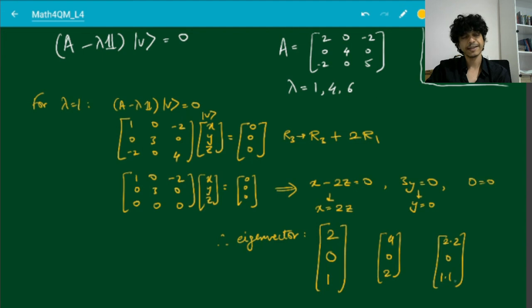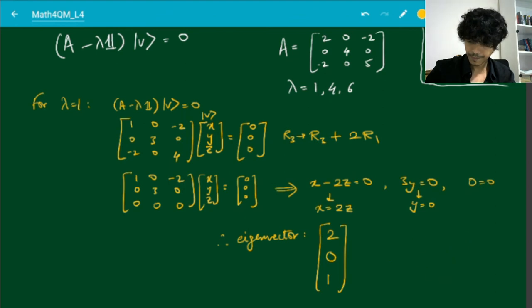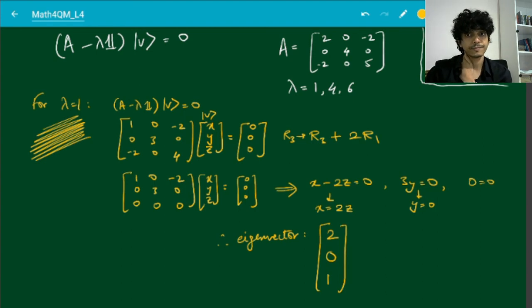So when we are finding an eigenvector, we are not necessarily just finding one vector, we are finding a whole direction for which this stretching shrinking thing works. So this (2, 0, 1) is the eigenvector, remember, corresponding to this eigenvalue, lambda equal to 1.